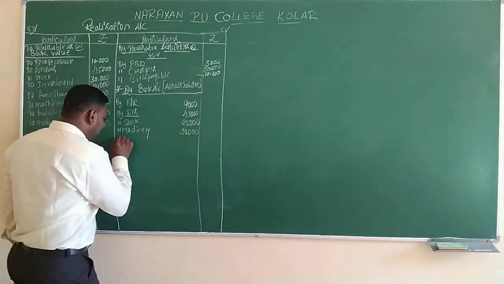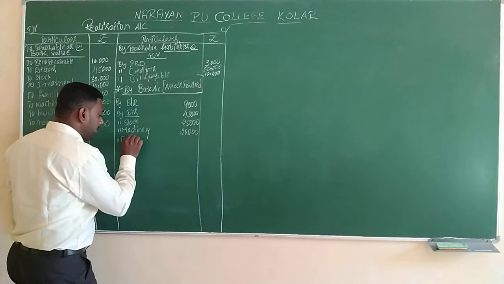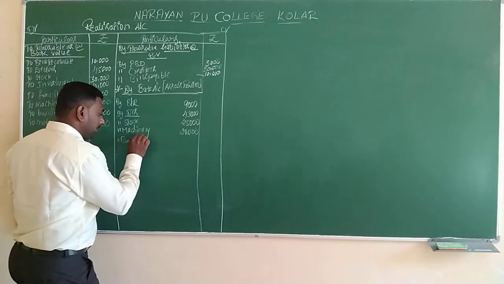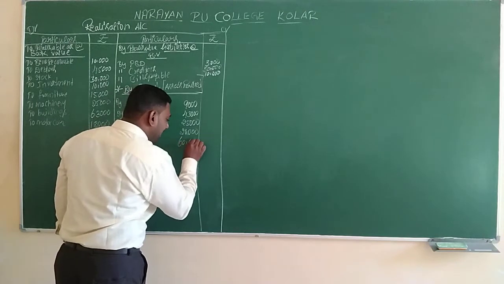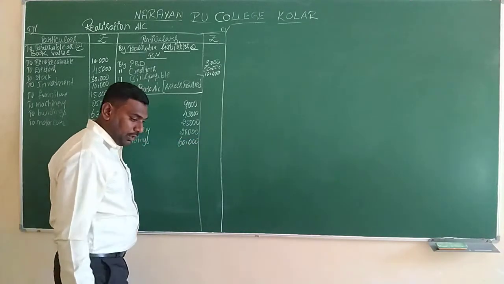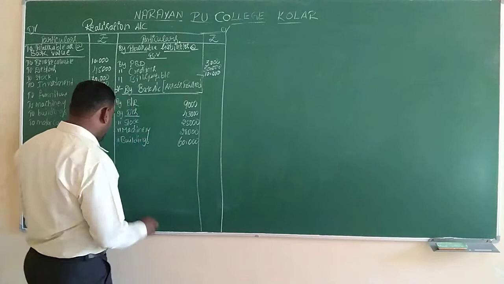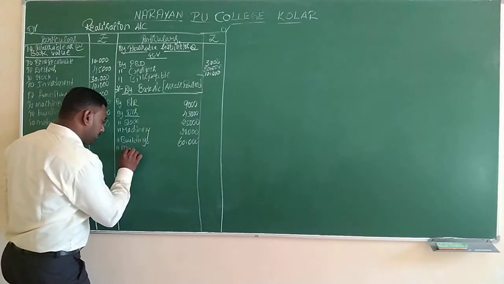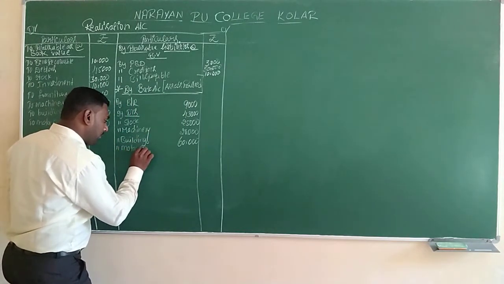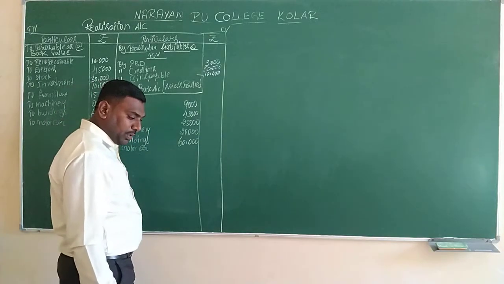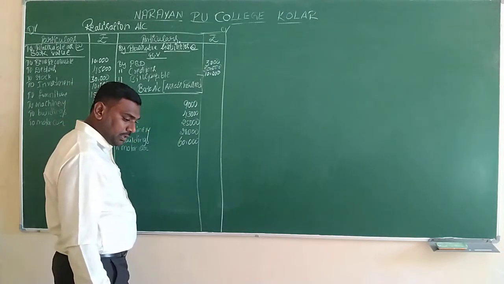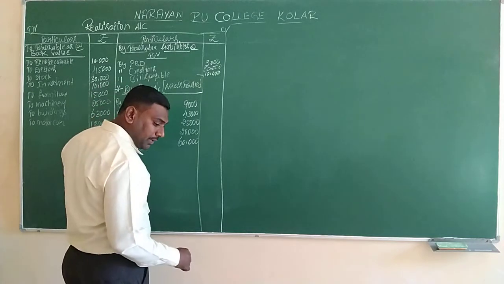After that, by buildings. Building value is 60,000. After that, by motor car. The value of motor car given is 15,000.